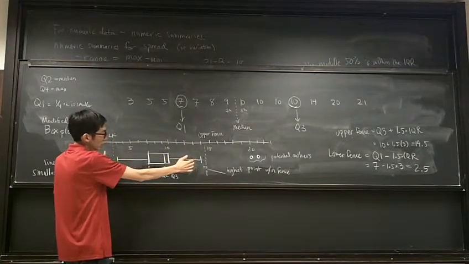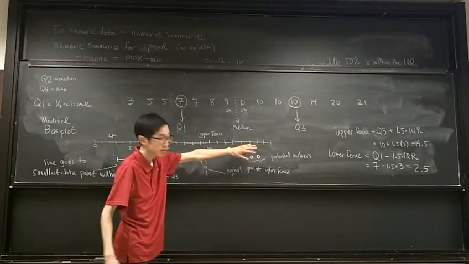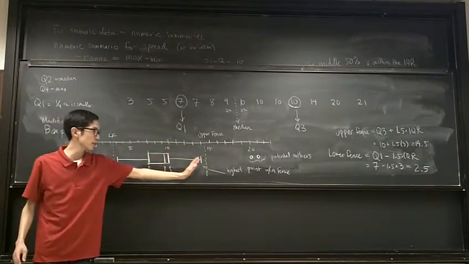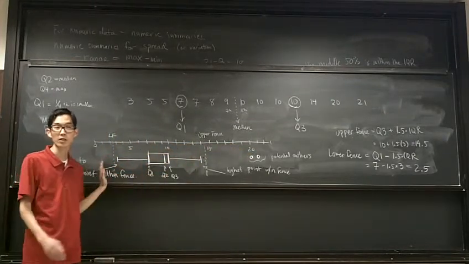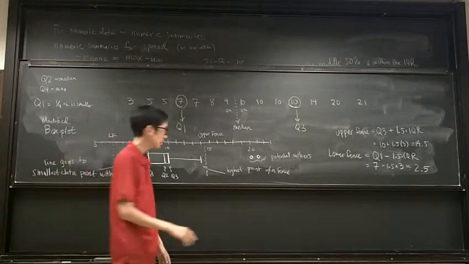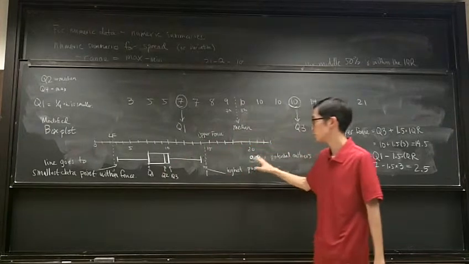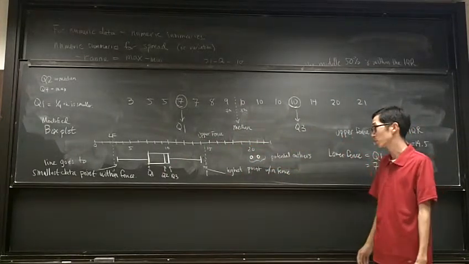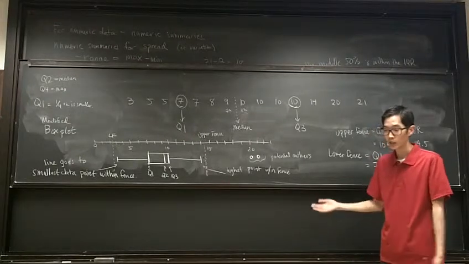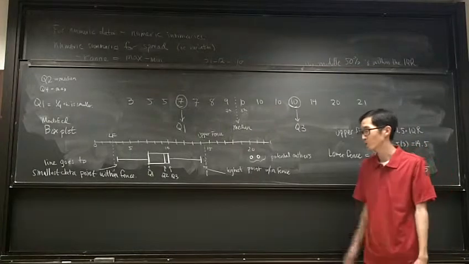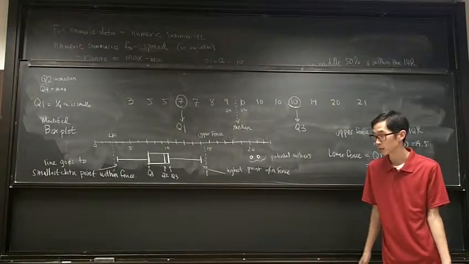It's not really the range because the outliers are separated, but it gives you what's considered, quote, normal. The things within the fences are considered normal, and anything outside of that might be considered unusual or outliers. So box plots are very useful for comparing data.